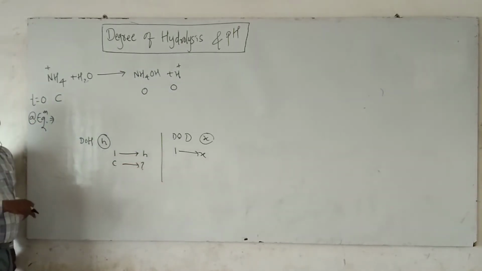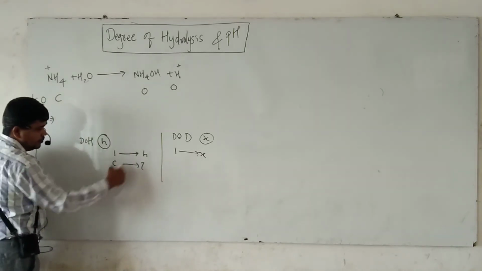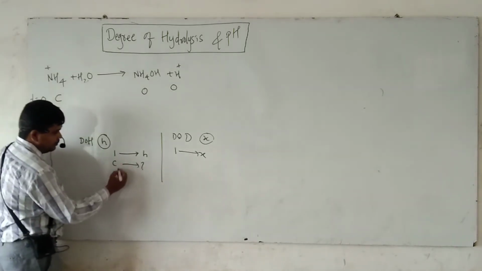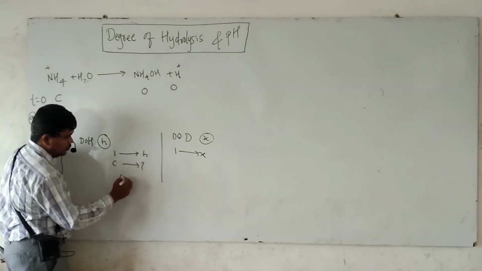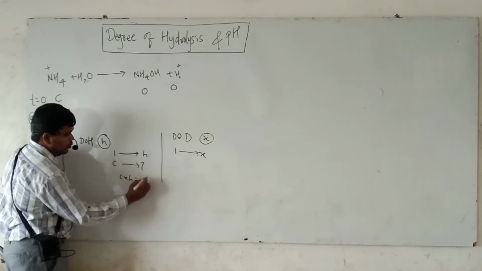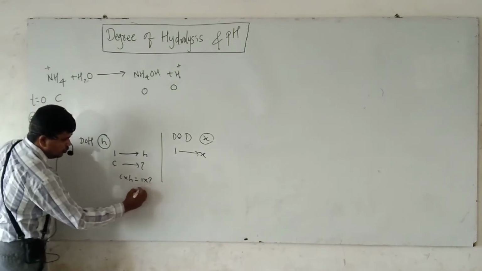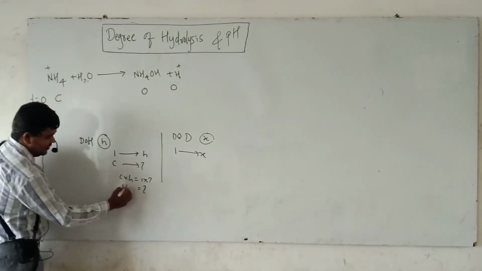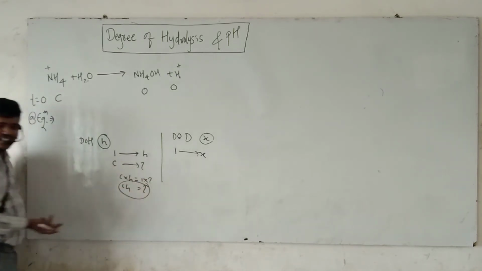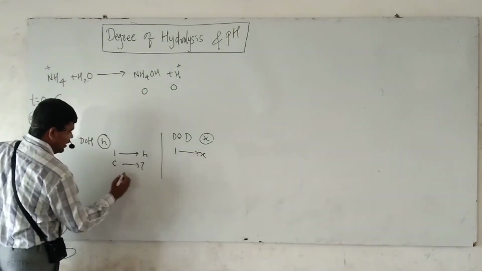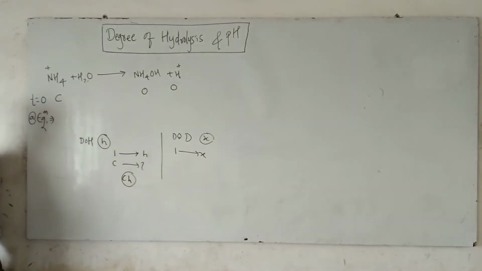Cross multiply. What will you get? If you cross multiply, C into H is equal to 1 into what? It is nothing but CH, right? So if you cross multiply, the answer will be CH.